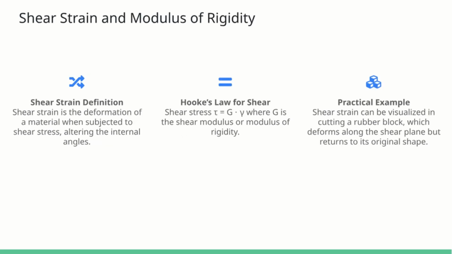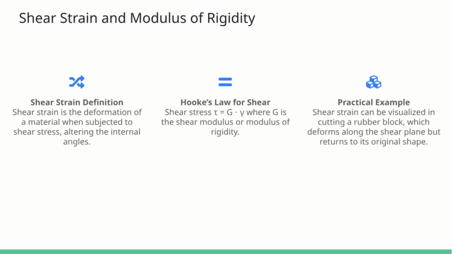Shear strain definition: shear strain is the deformation of material when subject to shear stress, altering the internal angles. Hooke's law for shear is tau equals G times gamma, where G is the shear modulus, or modulus of rigidity.